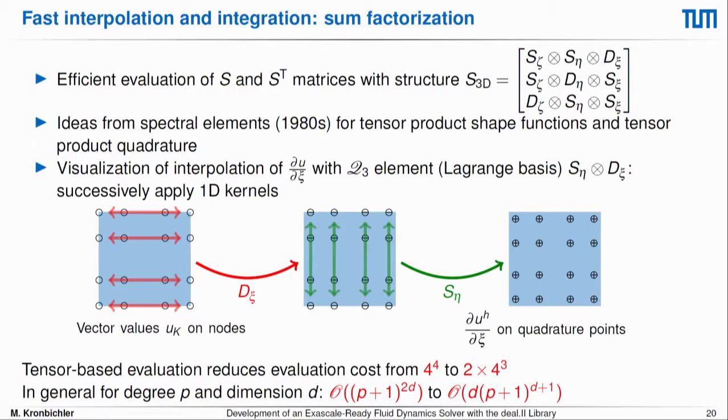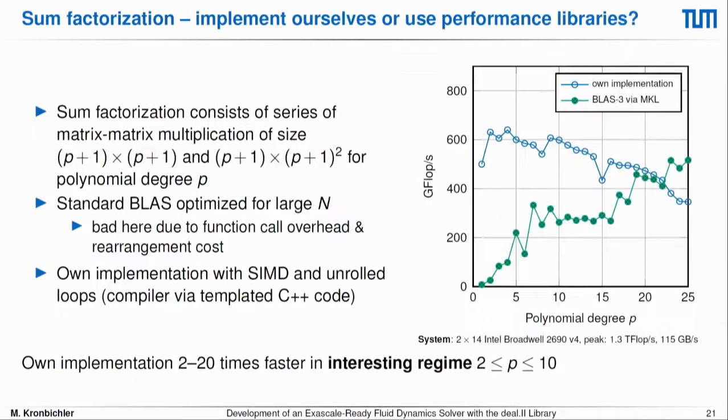And when you apply that, instead of writing out the Kronecker product as a big matrix, which gives you bad complexity and memory efficiency, you rewrite this as a series of small matrix multiplications. You can interpret it physically as a series of interpolation operations in 1D successively. And this gives you the right complexity.